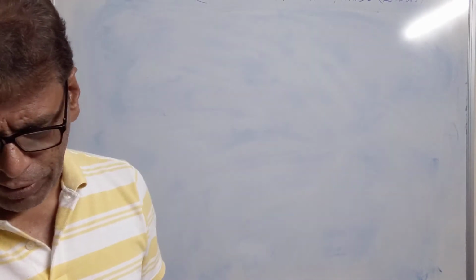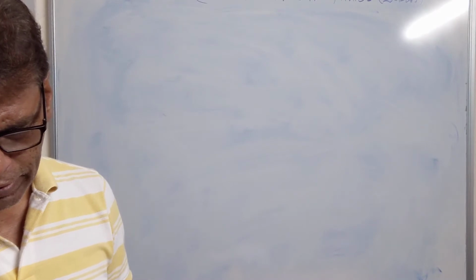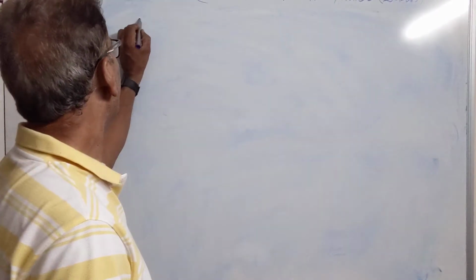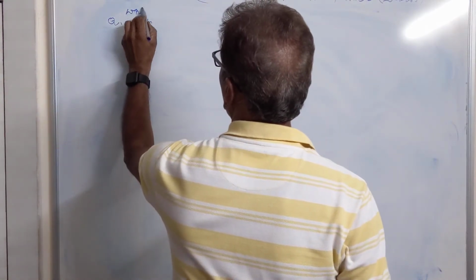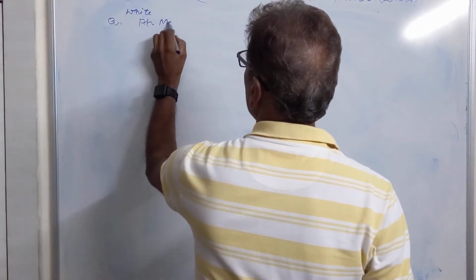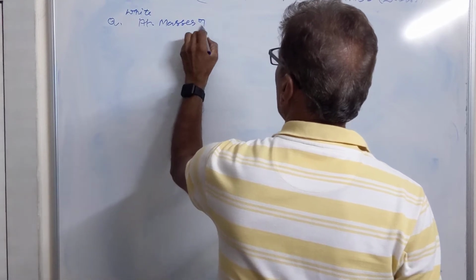Then we have the atomic masses of some of the elements. Let us write some of the symbols. Question is, write atomic masses of some elements.